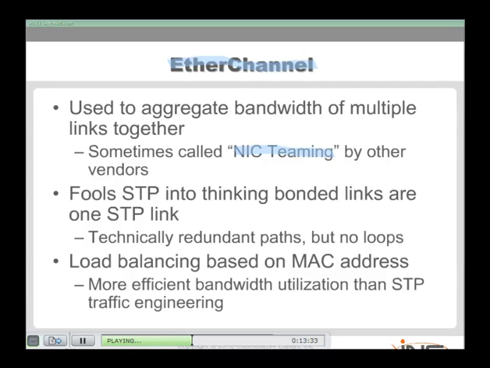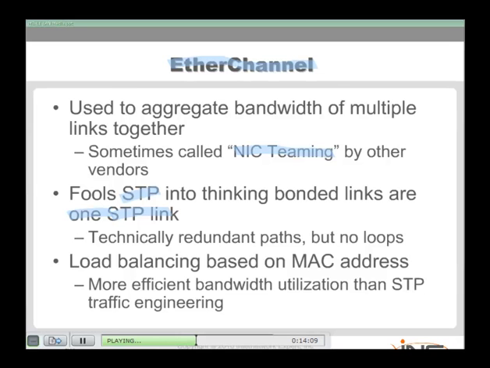As I said earlier when we talked about EtherChannel, a lot of people are fooled into thinking this is a spanning tree protocol feature. It's not a spanning tree protocol feature, but it does relate directly to spanning tree protocol, because what it fools spanning tree protocol into thinking is that these bundled links are just one link between the devices.